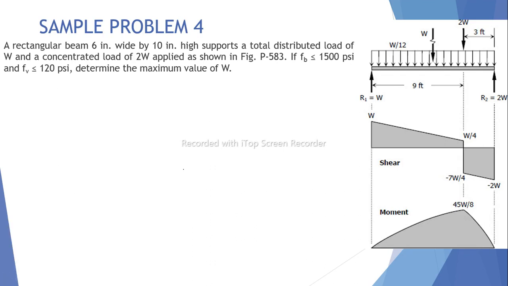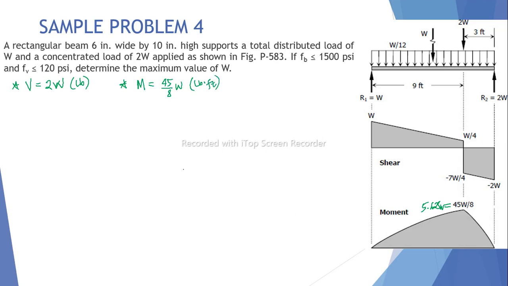On the right side, you notice this 45 W over 8, which is just equal to 5.625 W. Applying the values, the maximum shear is 2W, in pounds, and the maximum moment is 45 over 8 W pound-feet.